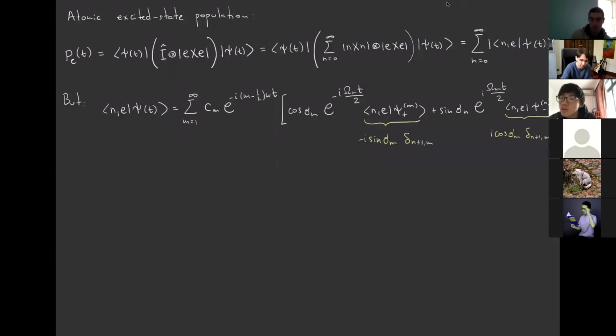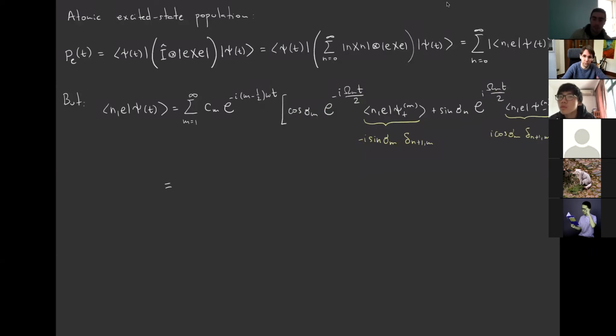Okay, and therefore, if we use the delta functions, in both terms we get a sine times cosine, which is a common factor, and then we get this exponential of minus and this exponential of plus. This will give us a sine, because we have a minus sign in here.